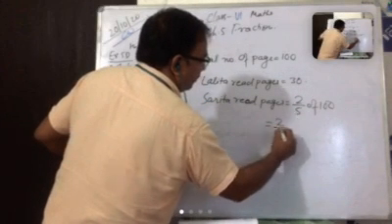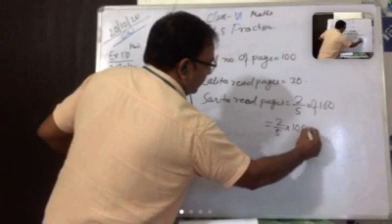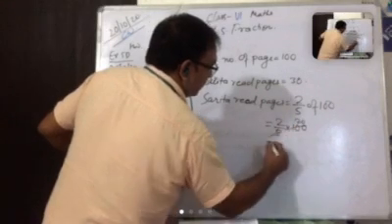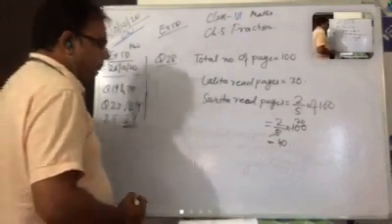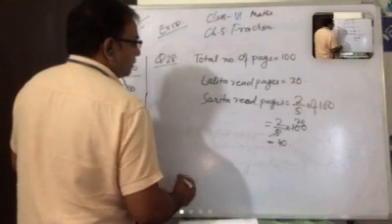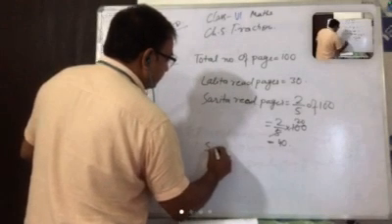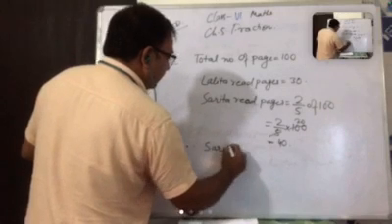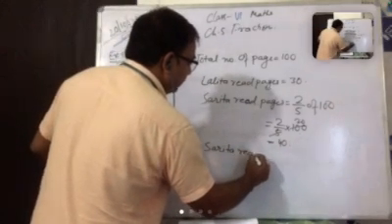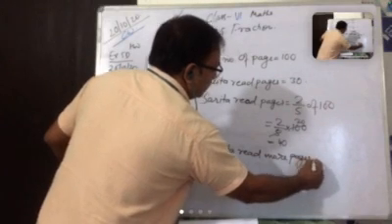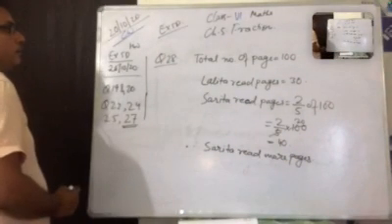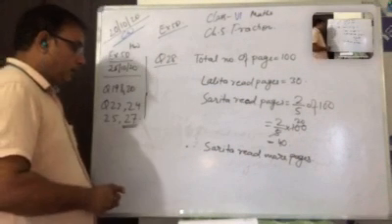So it will be 2 upon 5 multiplied by 100. So 5 twenties are, now it is 40. Now tell me, Saurabh, who read more? Therefore, Sarita read more pages. Clear? Just copy the question.